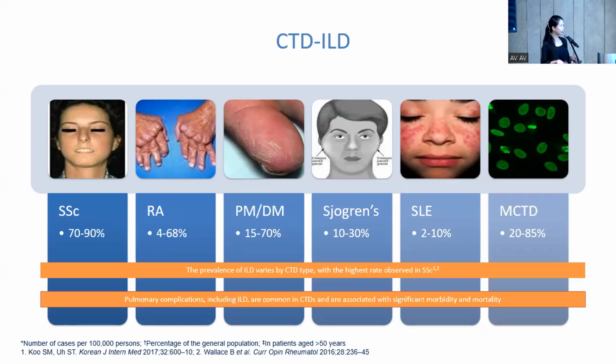But we know that patients with CTD-ILD have a worse prognosis compared to those without this condition. It carries a lot of morbidity. It affects their quality of life, their function, and also mortality.